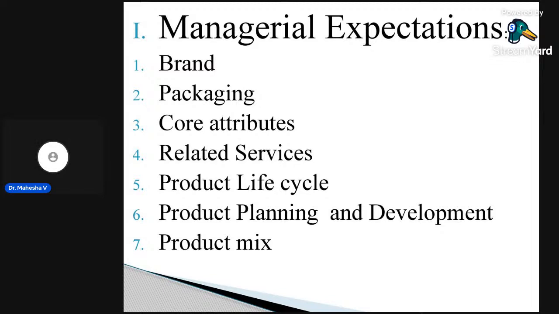And product life cycle: what would be the position of my product during the product life cycle? What would be its position during the introduction stage, growth stage, maturity stage, saturation stage, or declining stage? That you need to decide. Product planning and development: how best the company can plan the product and develop the product.